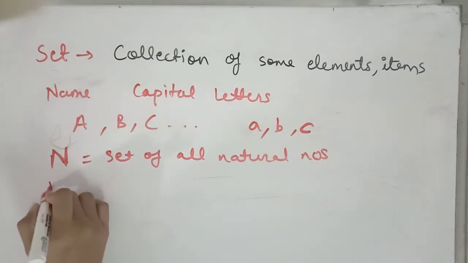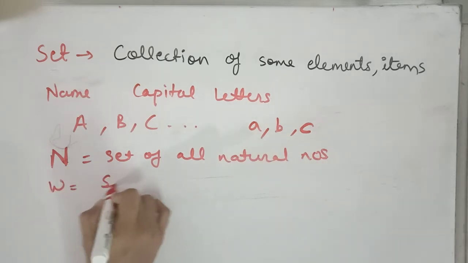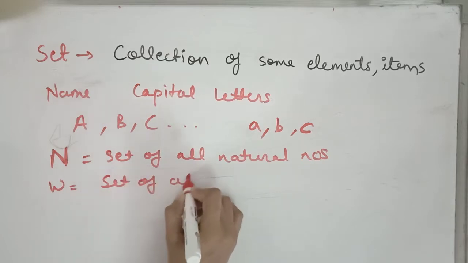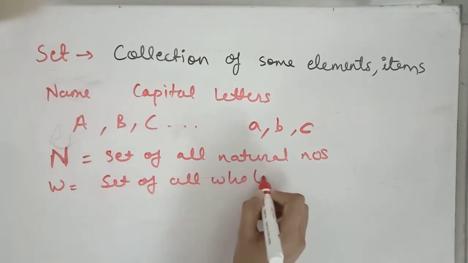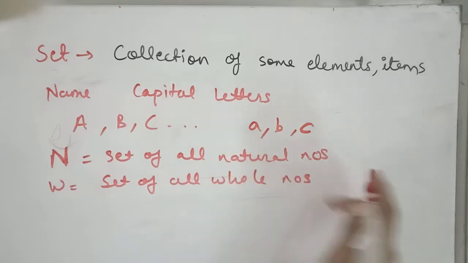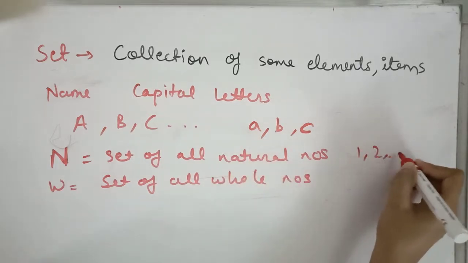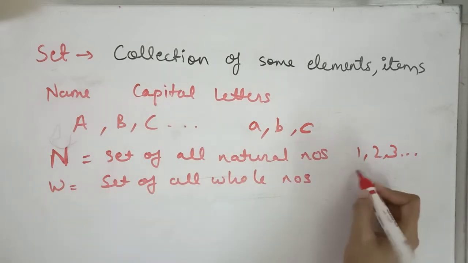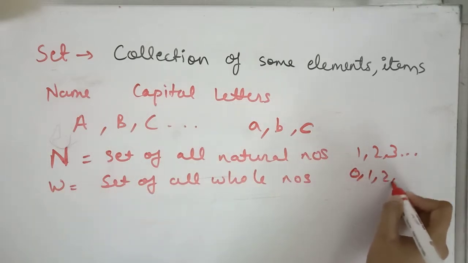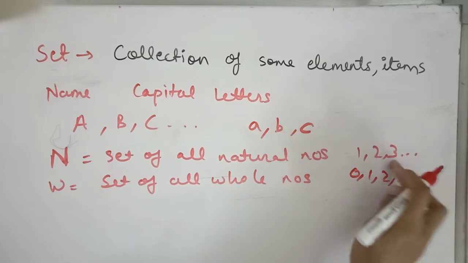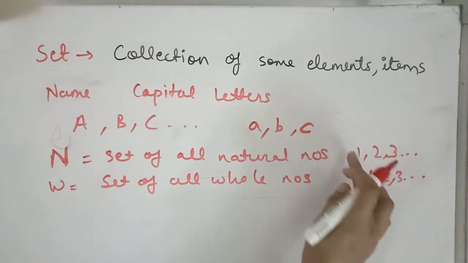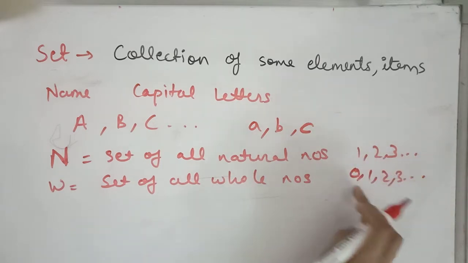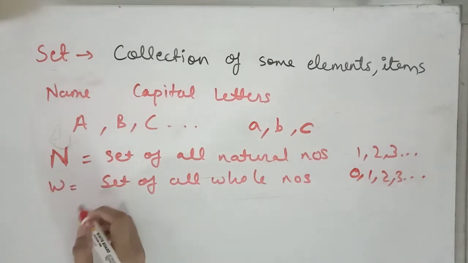Then there is W. W is the set of all whole numbers. We know natural numbers are 1, 2, 3 and so on. Whole numbers are 0, 1, 2, 3. Natural number set plus 0 element will be the whole numbers.